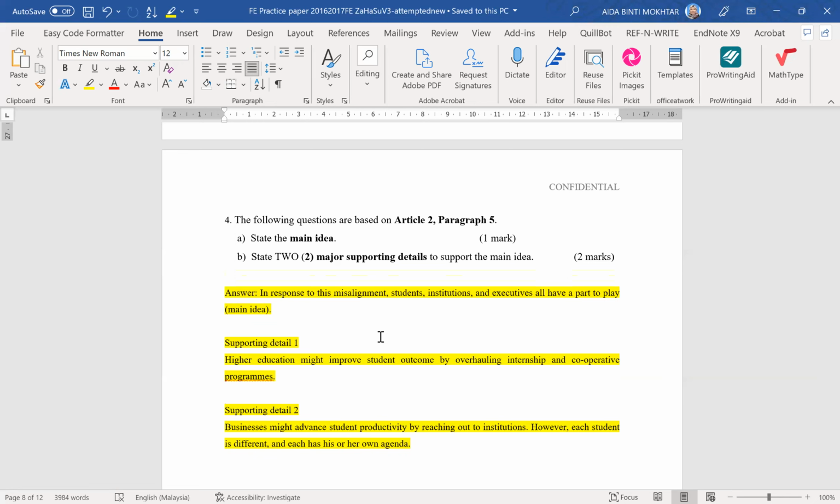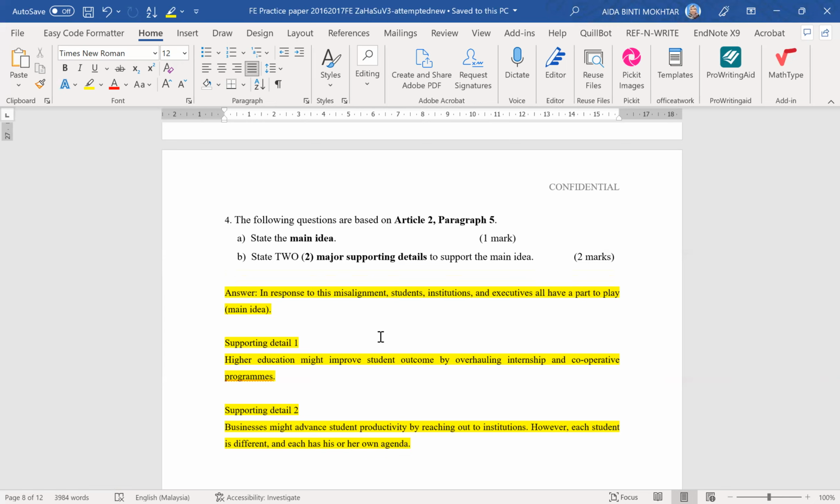In other words, the preceding paragraphs, the paragraphs before this one, were basically on the misalignment between students, institutions, and executives.